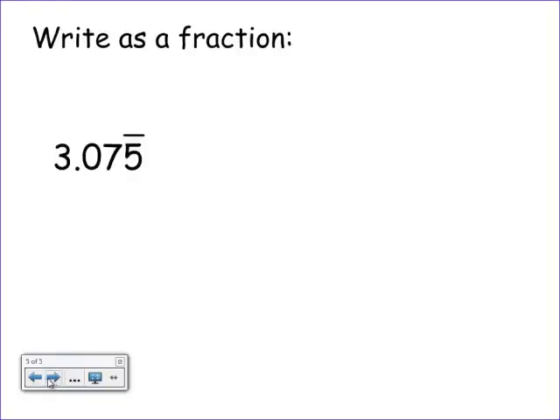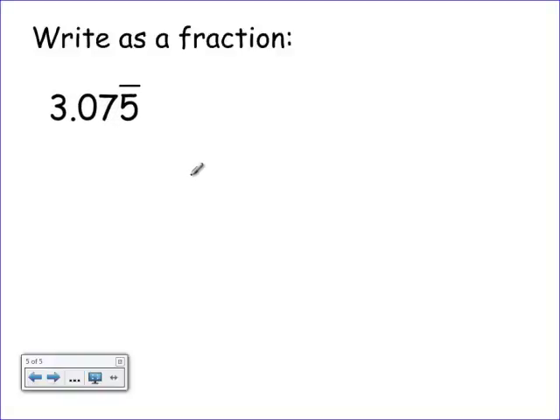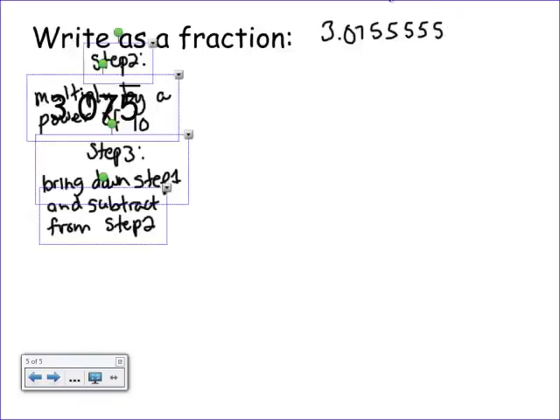And the last one we're going to look at is this. Notice it's a repeating decimal. It's actually the decimal 3.07555555. So let's go through our steps again.